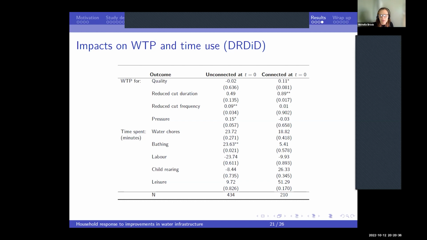So for the people unconnected at baseline, the changes in the willingness to pay are coming through this bathing channel. And for the people who are already connected at baseline, the willingness to pay is potentially coming from this experience of challenges with the subjective quality over time.